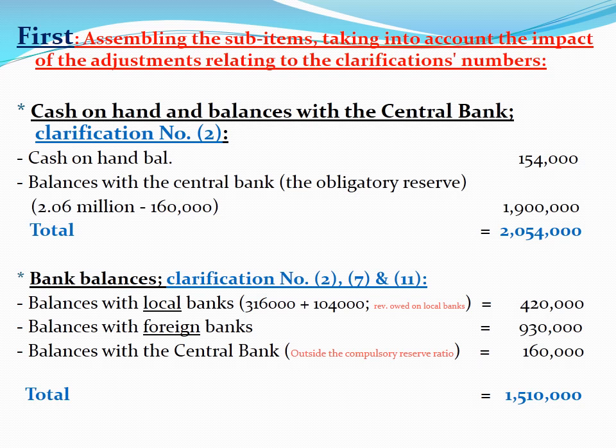Revenues owed by local banks, 104. So these revenues on local banks are revenues for us, owed to us, not owed by us. So we have to add this 104 to our revenues in the income statement, and to affect the unreceived revenues as assets in the financial position statement.